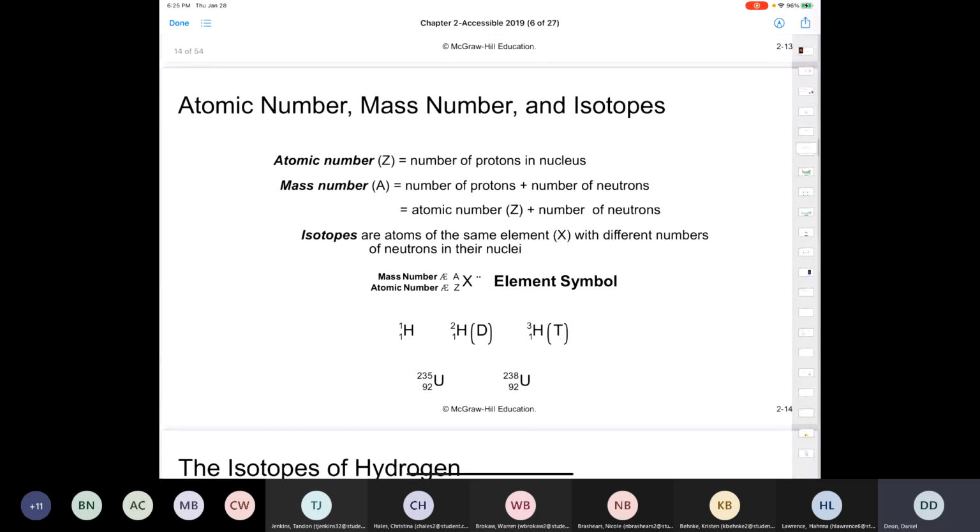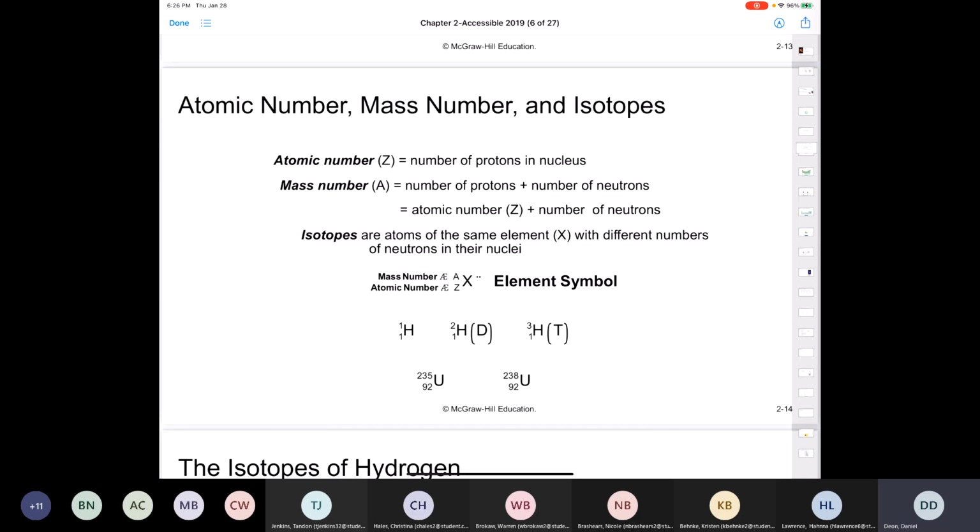Well, let's skip ahead to what's called atomic number, mass number, and what are called isotopes. Atomic number, which we represent with a capital letter Z, represents the number of protons in a nucleus. I told you that the nucleus is at the center of our atom.